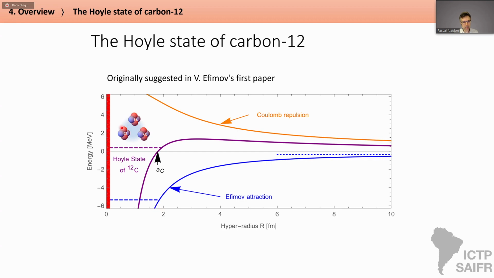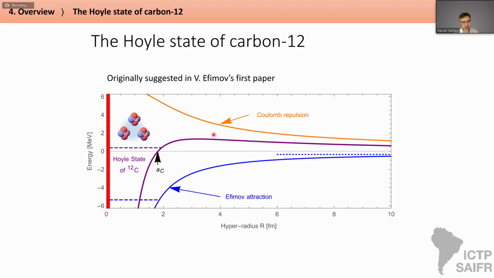So this is a very simple and elegant idea. There would be this 1/r² effective three-body attraction, as we have seen. And in addition, there would be some 1/r Coulomb repulsion. And the result would give this curve, which has a barrier here.